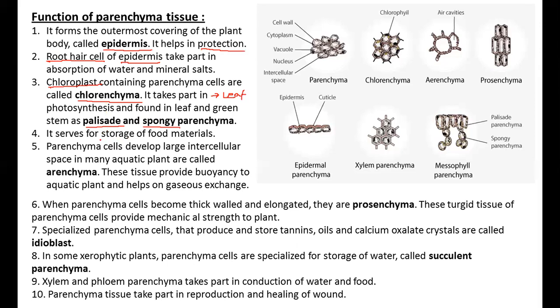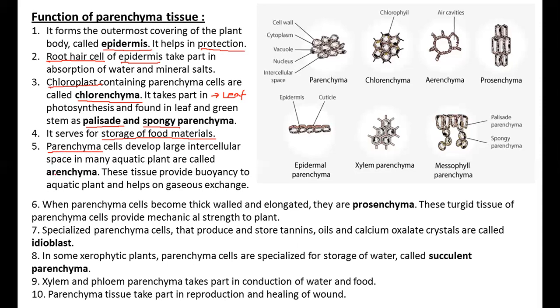Next character, it also stores food material in the cell. In some aquatic plants, if the plant has the capability to float on the water, then this capability of floating is provided by the parenchyma. In that case, parenchyma can hold air in the cell.